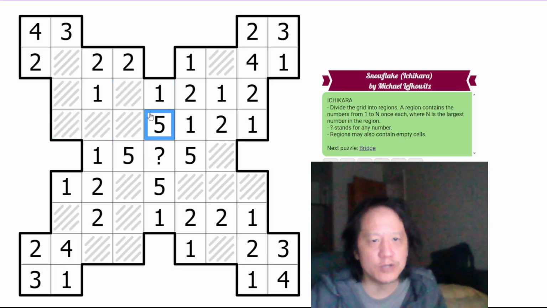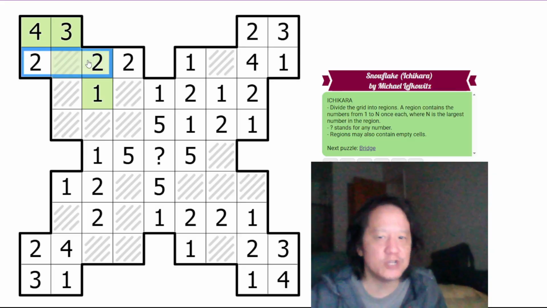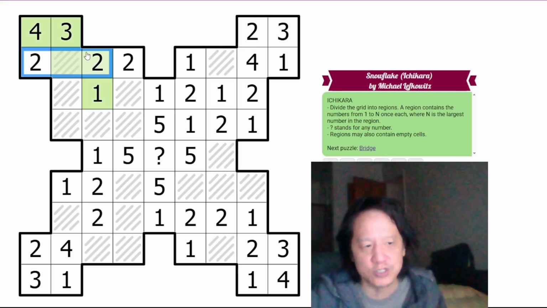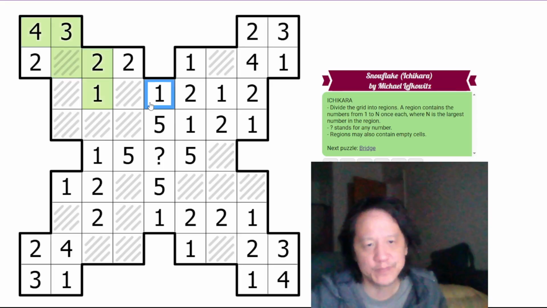So a valid region could be something like this, because you have the digits 4 through 1 once each. But this would not be a valid region because regions have to be orthogonally connected, which means you can go from any cell in the region to any other cell in the region just by going through edges, all while staying within the region.